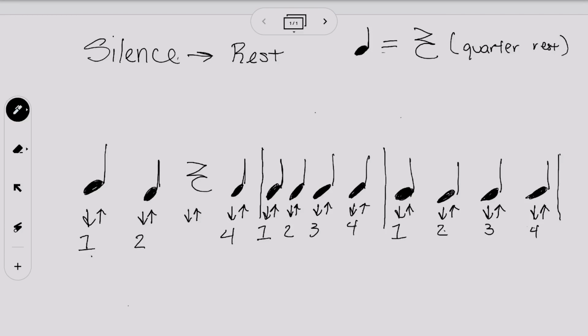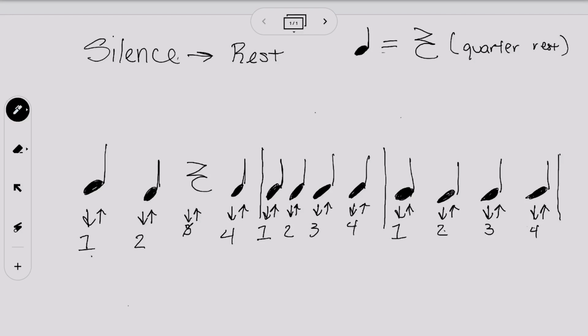So, I'm going to draw a small 3 and I'm going to put a line through it. So that way you know as well as I know that we're going to be silent during that. So what do you think we're going to say during that rest? Exactly. You just did it right now. We don't say silence. We don't say anything because we want to make sure it's quiet.